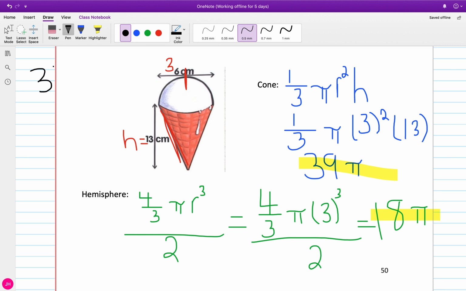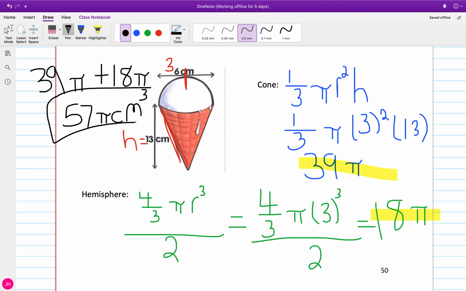So 39 pi plus 18 pi is going to give me 57 pi, and the units for this one again are centimeters cubed. So that is my final answer for my composite shape of the ice cream cone.